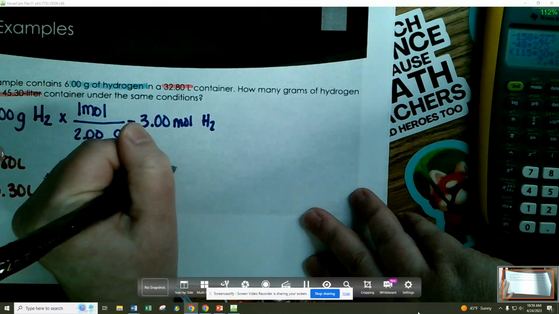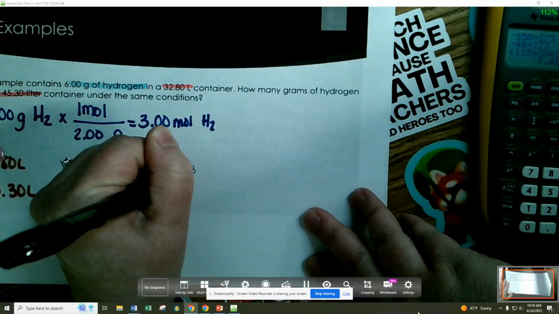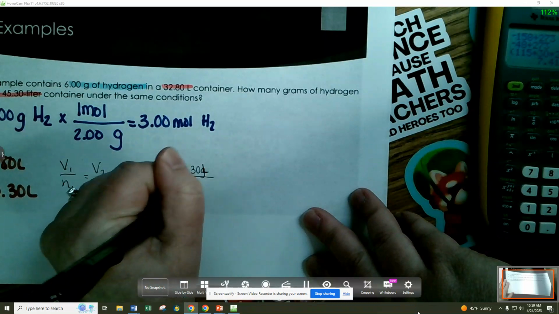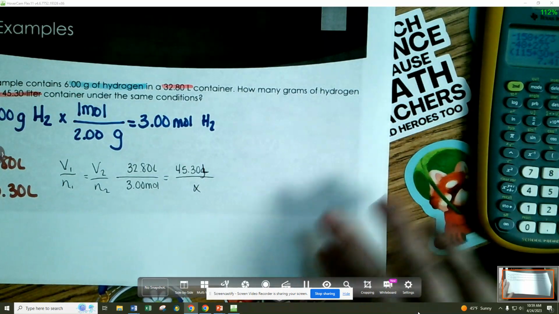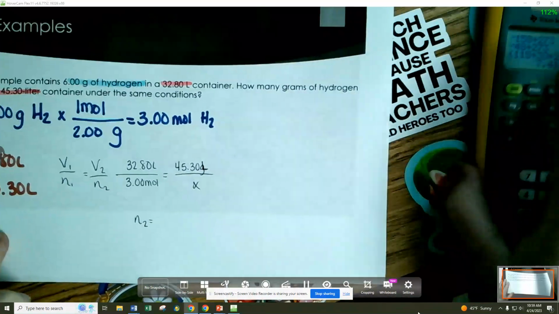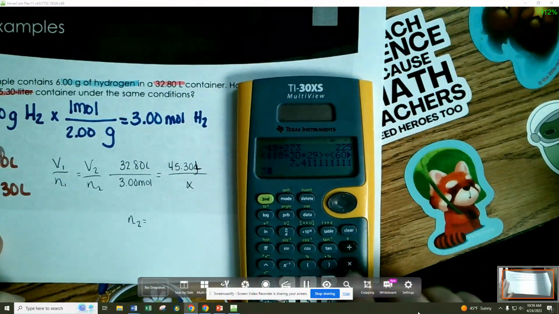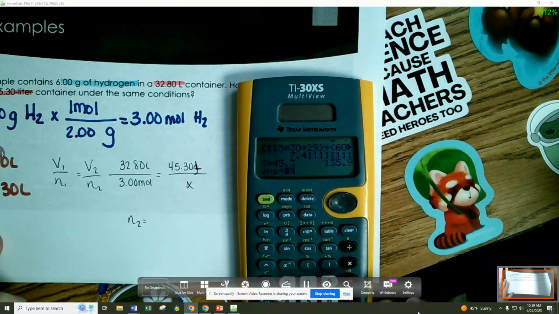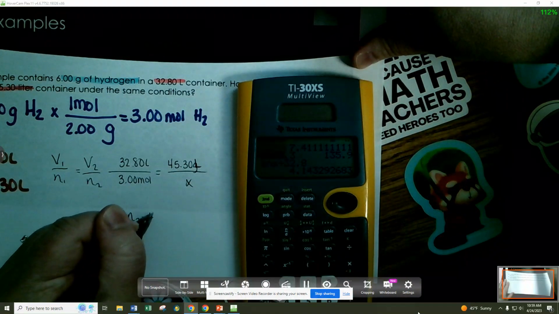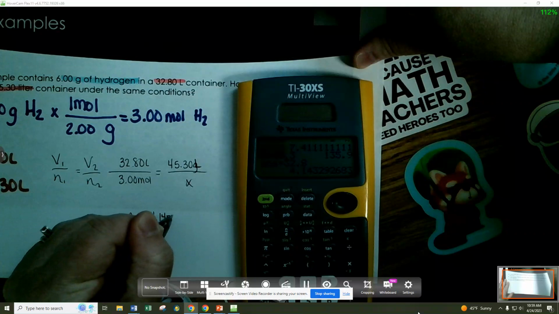The new volume is 45.3, and that's going to be my X. So I'm going to cross multiply and divide, and that result is going to give me N2. I'm taking 3 times 45.3, dividing that by 32.8, and that gives me 4.14 moles of hydrogen with sig figs.